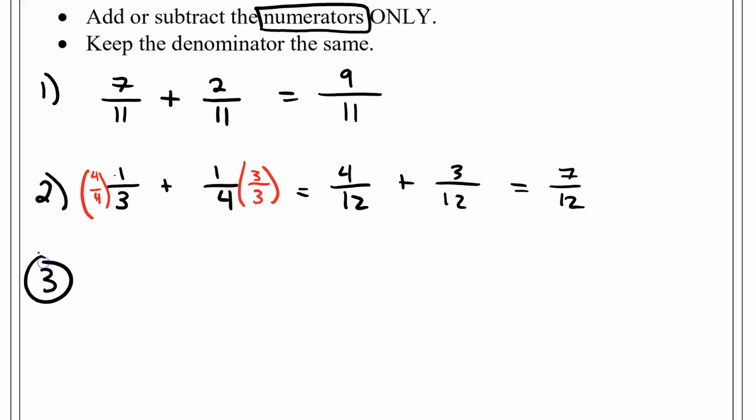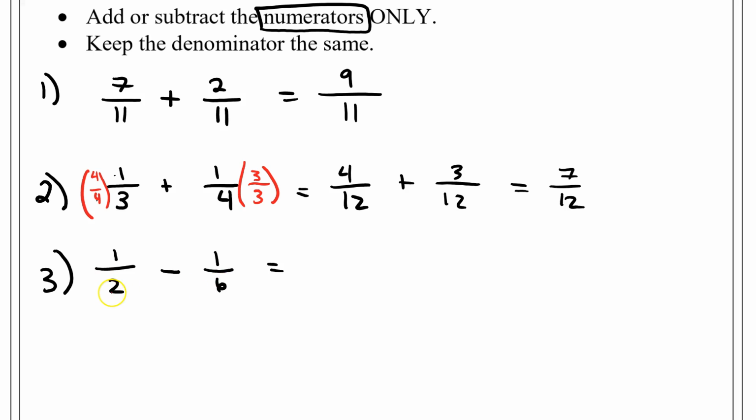Example number 3. 1/2 minus 1/6. Okay, so I know that the common denominator needs to happen here. If I multiply this by a 6 and this by a 2, I am going to find a common denominator, which is 12, but there's even a lower common denominator here.